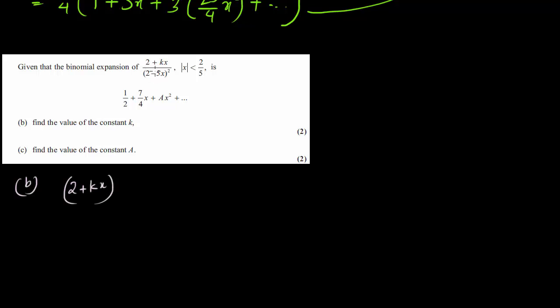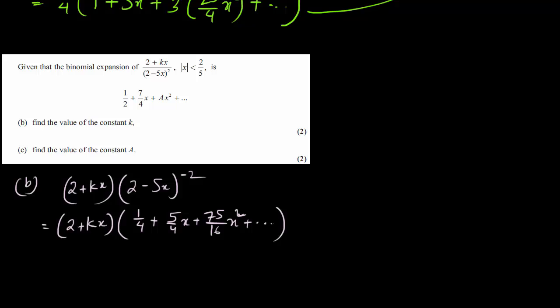Instead of divided by (2 minus 5x) to the power 2, we can write (2 minus 5x) to the power minus 2. So this would be (2 plus kx) times, now we just expanded this, and this turns out to be, so this is what we got from the previous expansion of (2 minus 5x) to the power minus 2.